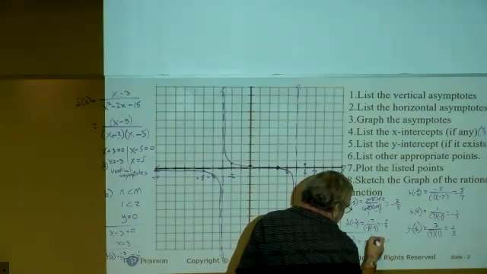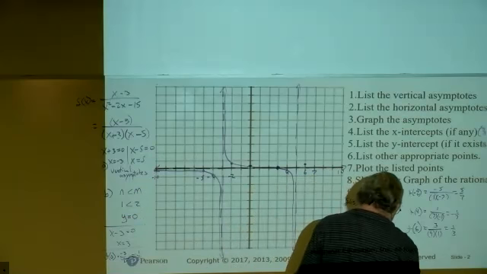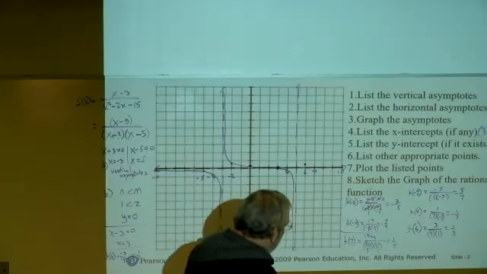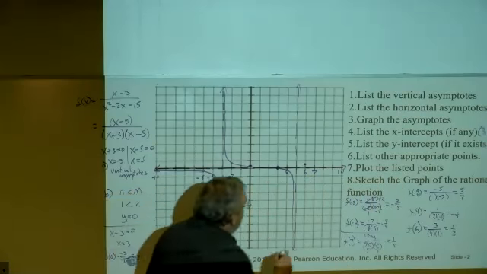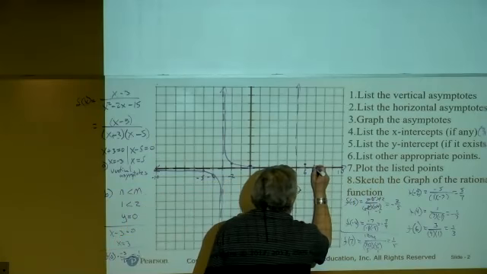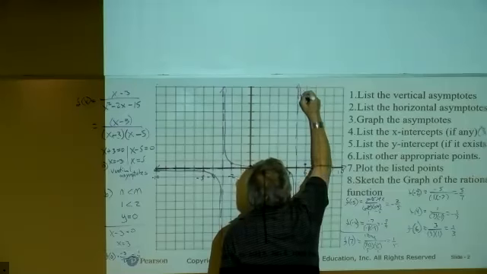So this 2 makes this 4 go to 2. And this 10 and this 2, that's going to be a 5, 1/5. So now we have 1/5. Yeah, 1/5 is a smaller fraction than 1/3. So it's going to come down from up here.